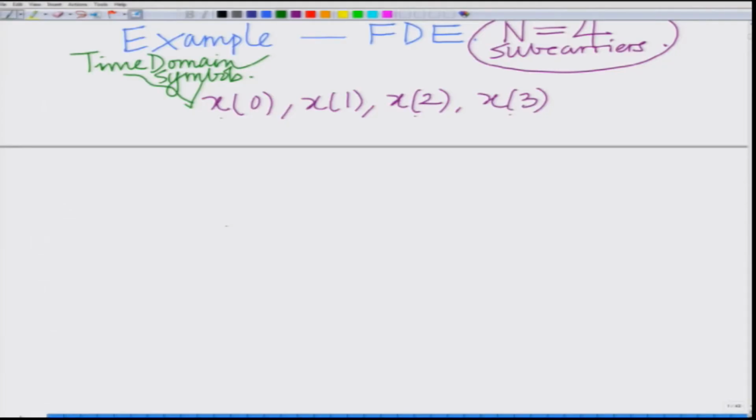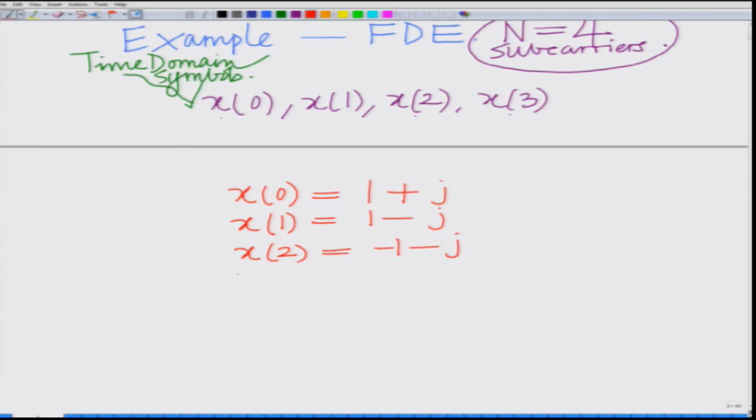So, let us take a simple example. Let x0, which are the time domain symbols, be given as 1 plus j, x1 equals 1 minus j, x2 equals minus 1 minus j, and x3 equals 1 minus j.